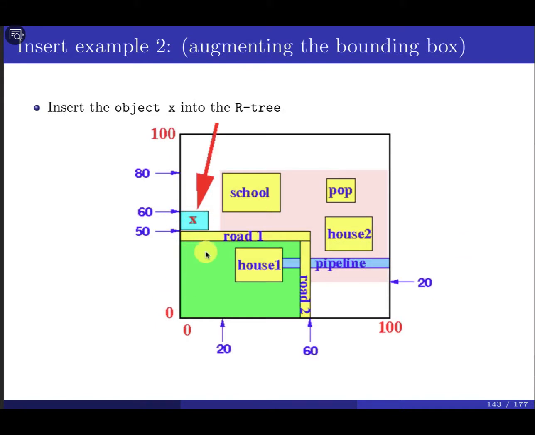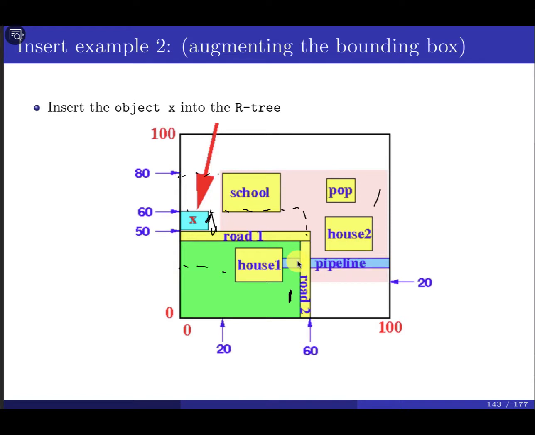Assume that you want to insert the value X here. It's neither here nor here. So in this case, since I'm not going to find any bounding box that can contain this element, I'm going to increase the area, the size of bounding box 1 or 2. If you increase 2, too much area is going to be added here. But for 1, it's easy, because maybe this is the only area that's going to be increased.